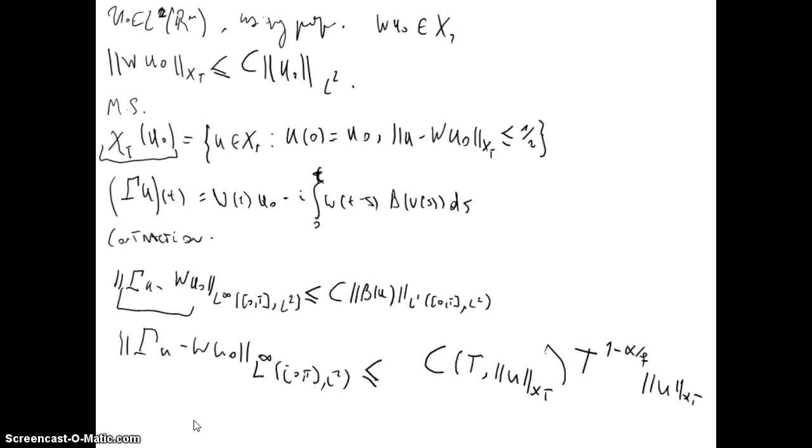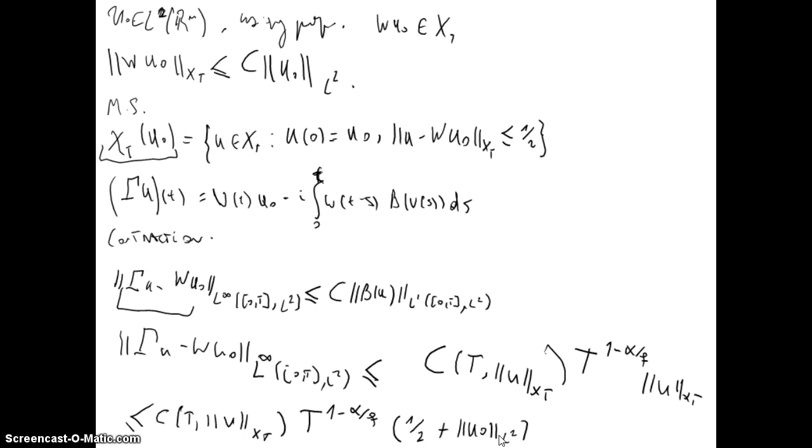Okay, and we can say that this is less than or equal to C that depends on t and u in X_t, t^(1 - alpha/q), and now we can use the bound for u in X_t. That will be 1.5 plus the norm of u naught in L2.